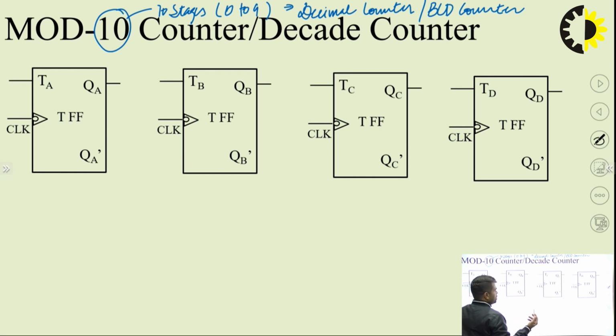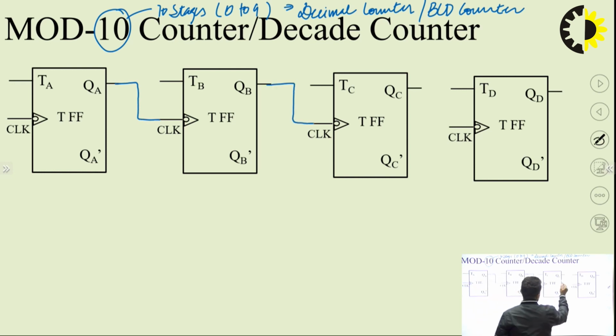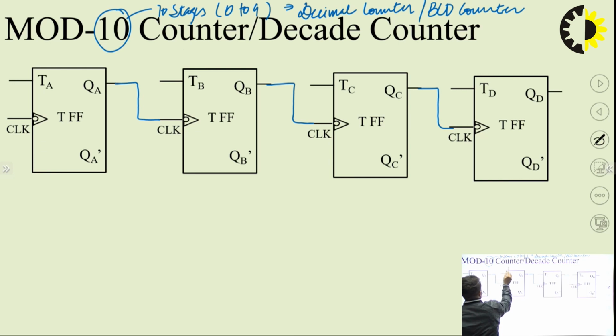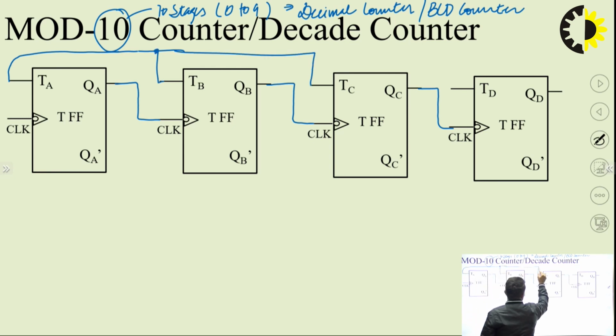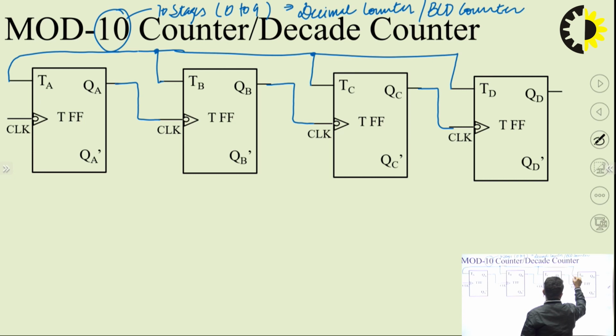The basic things which I am very much aware of, I am making those connections first. That means output of the flip-flop will become the clock of the next flip-flop. Output of this flip-flop becomes the clock of the next flip-flop. Output of this flip-flop becomes the clock of the next flip-flop. This is very much the same. And then all the T flip-flop inputs are going to be connected to a common point. Similarly here. And you can connect it to logic 1.